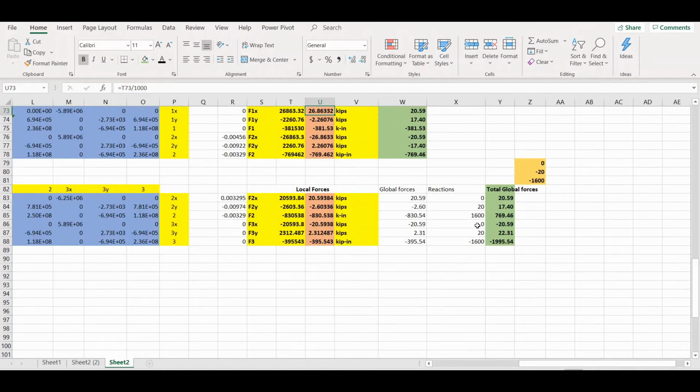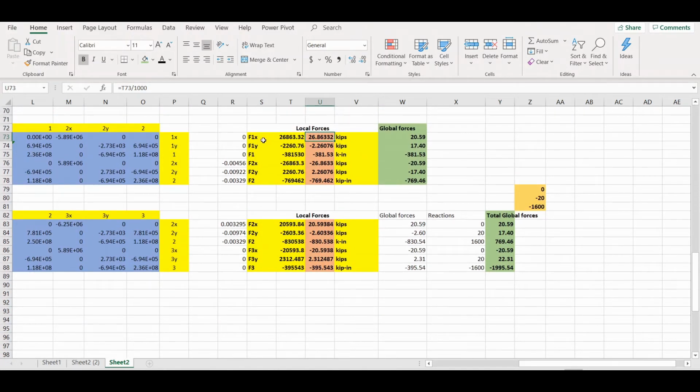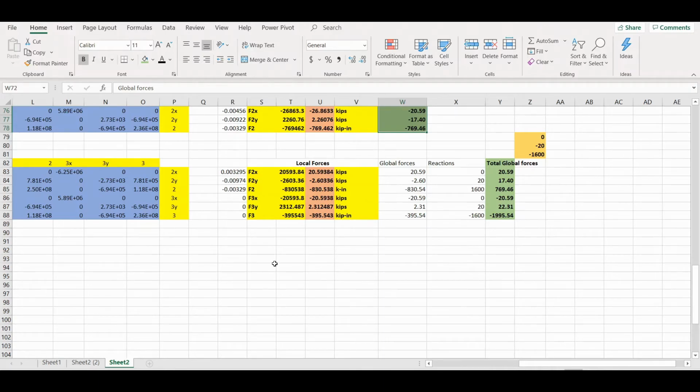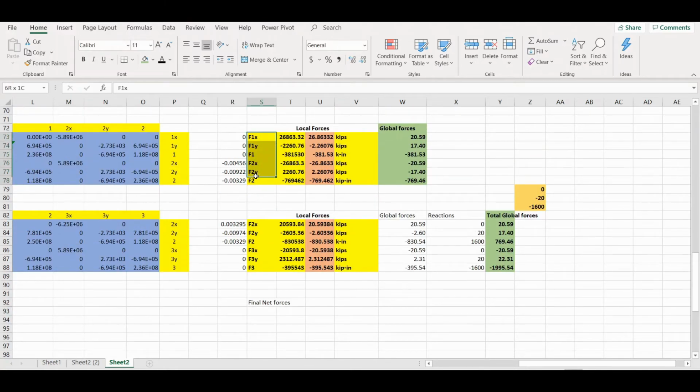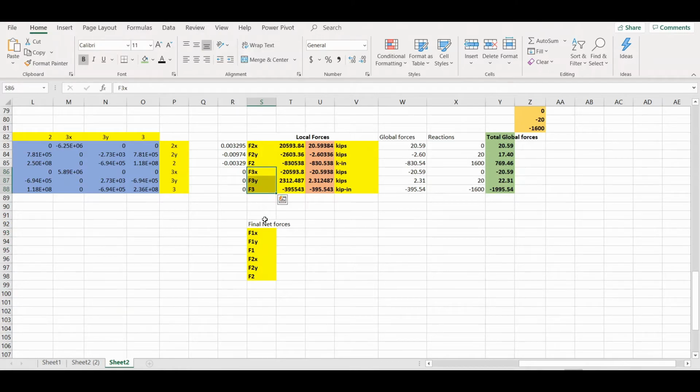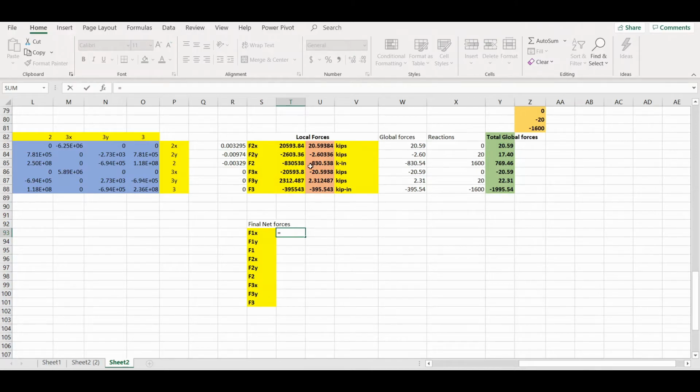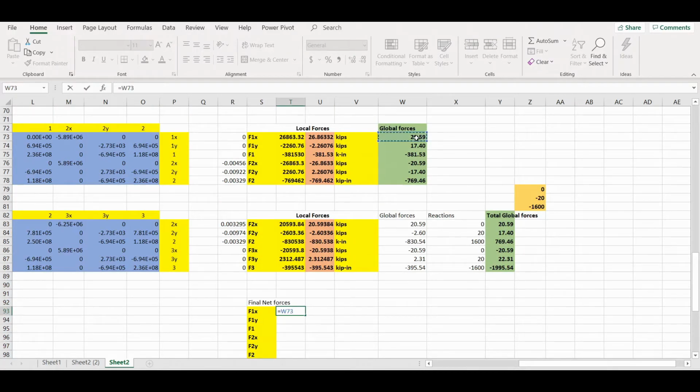Now what we'll do here is we'll combine these two global forces to find the net forces. So our final net forces will be, if you copy this and copy this one, so for the first three values, this will be equal to these values here.